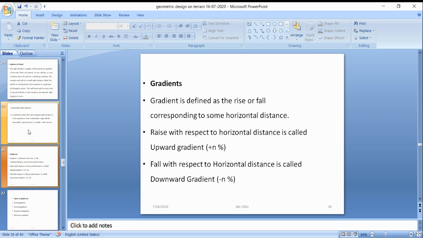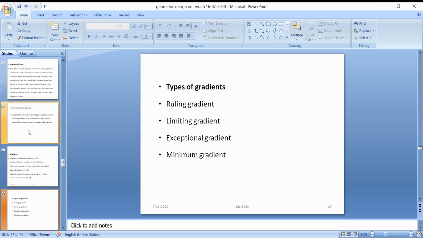So if it is positive, plus 1%, plus 2%, like that, we will get a gradient. Plus means rise. If we go for the minus, it will indicate the fall with respect to the horizontal distance.